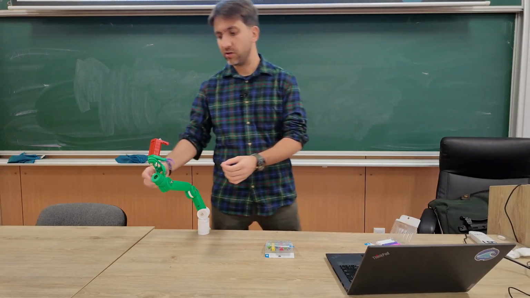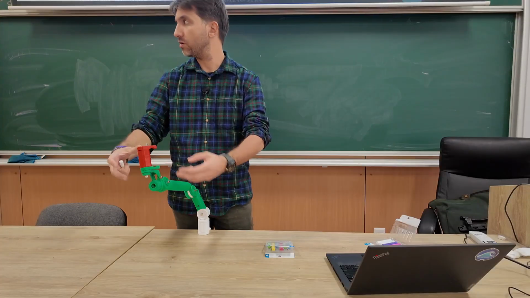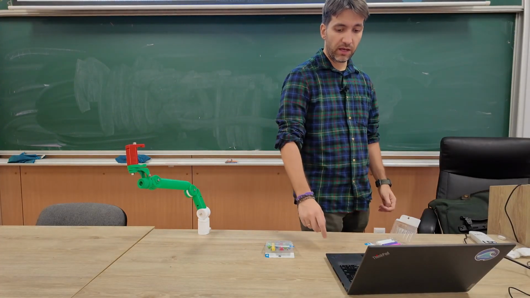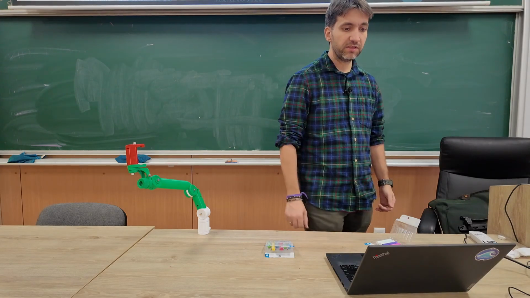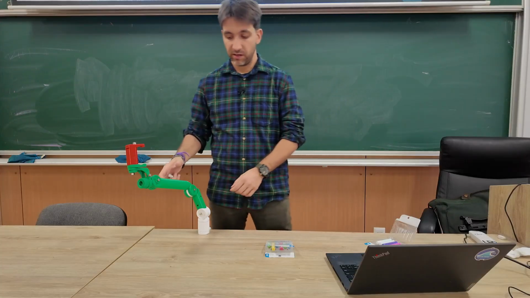So the process we're controlling in the end is not just one joint, because we have a collection of joints that work together, right? And in the end it is what we discussed last week. You remember this was the dynamic model that we defined towards the end of the lecture, and we rushed things a little bit.